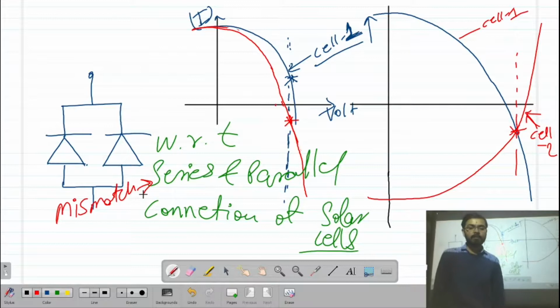We have studied the parallel connection mismatch also, which I hardly found in practice.